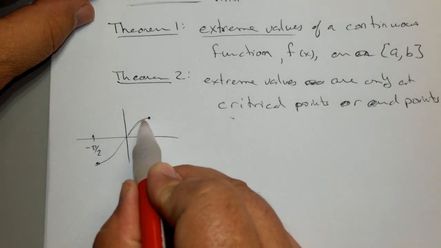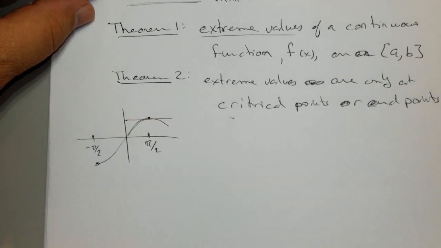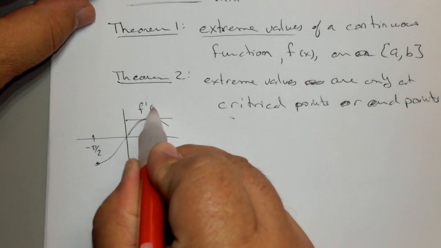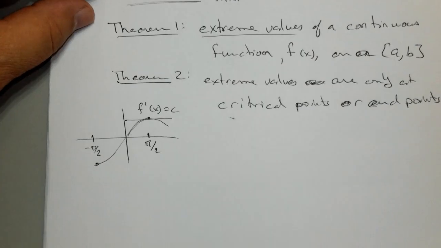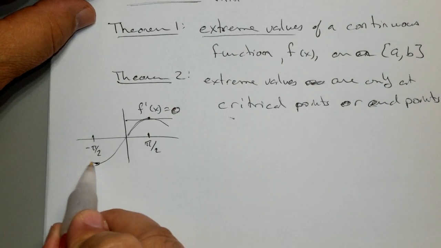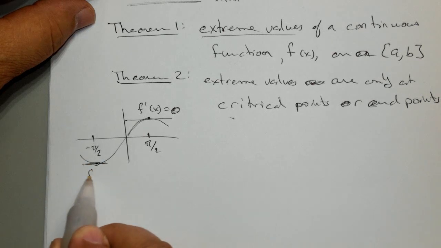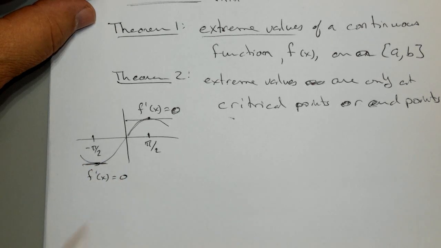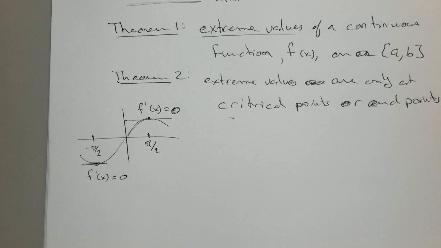Yeah, because if we continue the graph even further, what's the slope of that curve? Zero. And if we continue this curve, the first derivative at that point is 0. The extreme values only exist at the critical points.